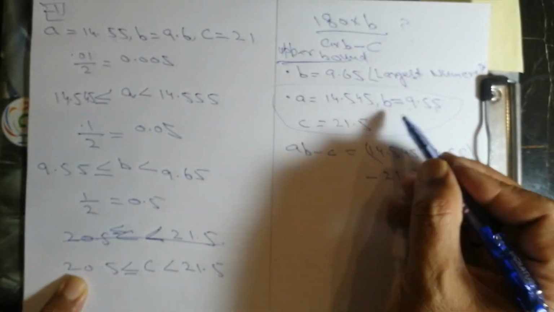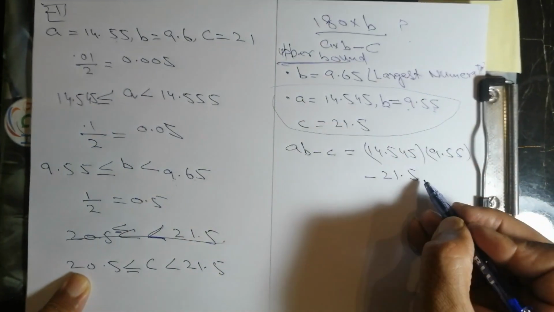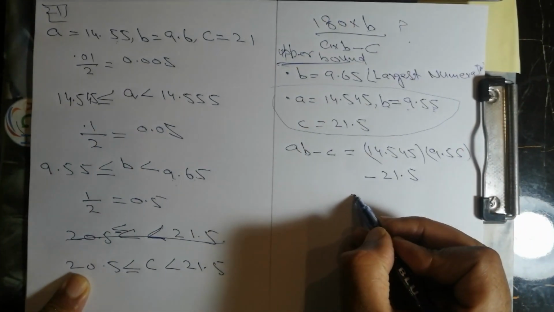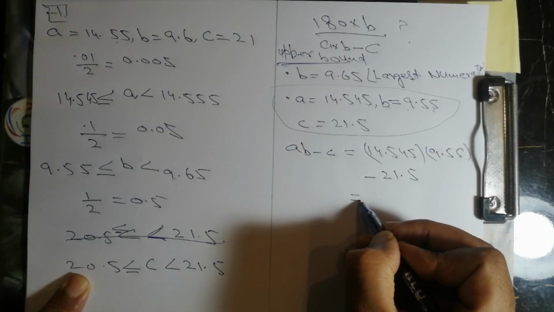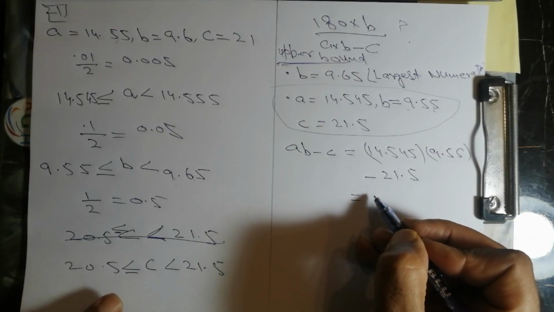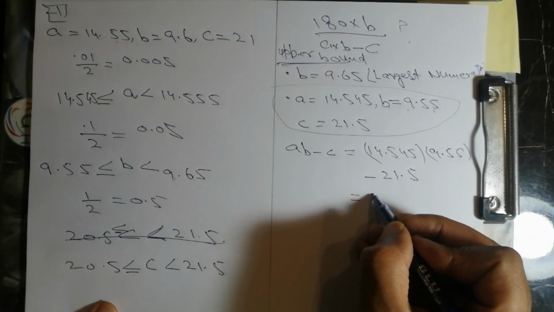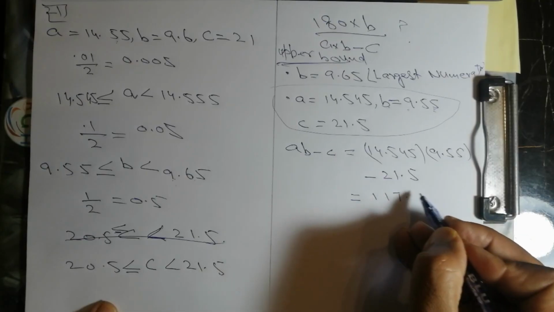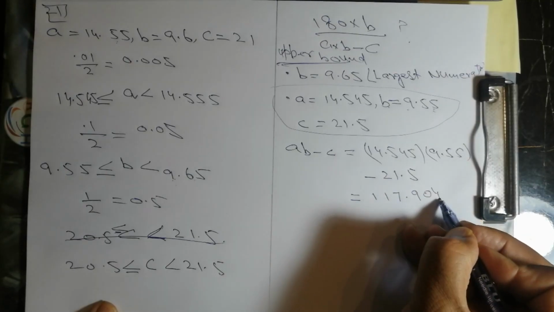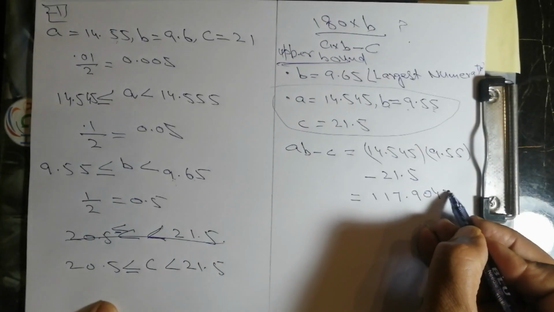I put the values from this set, which is for the denominator. So that is equal to 117.90475.